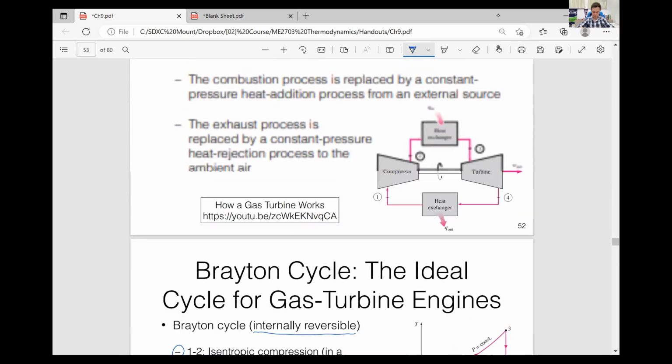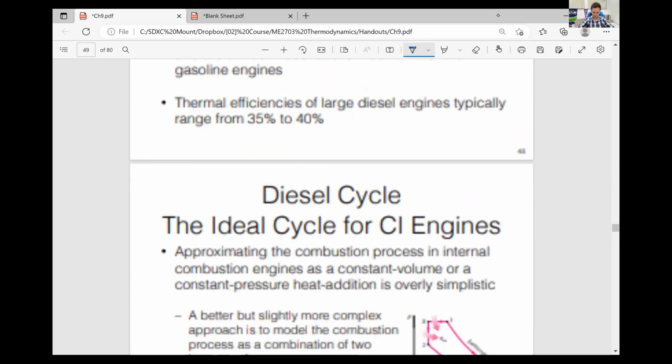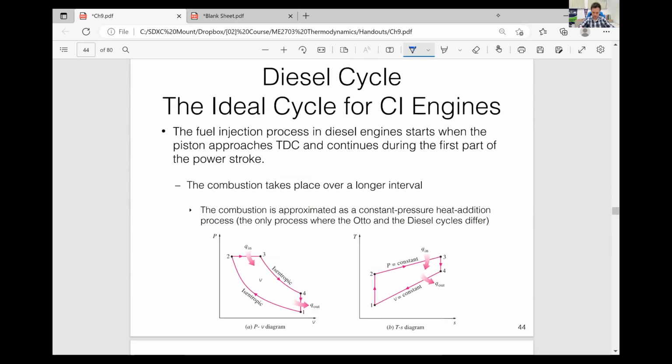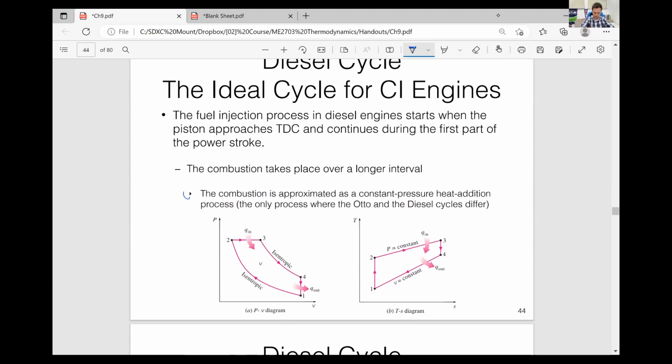If you go back to the diesel cycle here, the combustion process, which is the heat addition process, is approximated as a constant pressure heat addition, which is the only process where the Otto and diesel cycles differ.